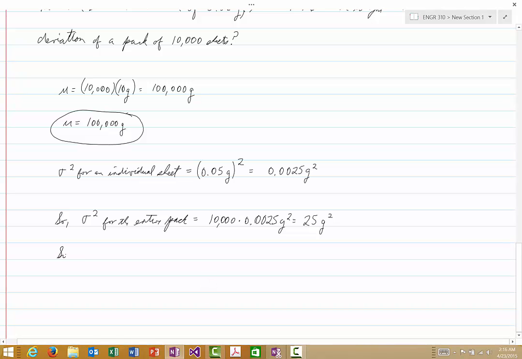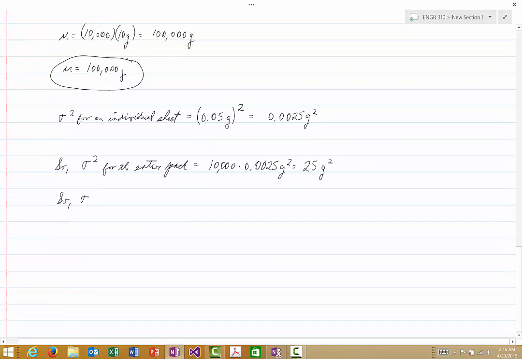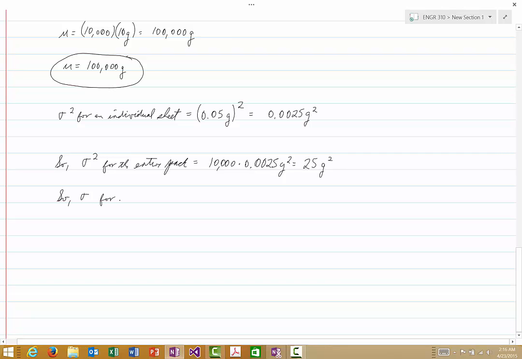And so now the standard deviation, so sigma for the entire pack, well, that will be the square root of sigma squared for the entire pack, which is the square root of 25 grams squared, which is 5 grams.